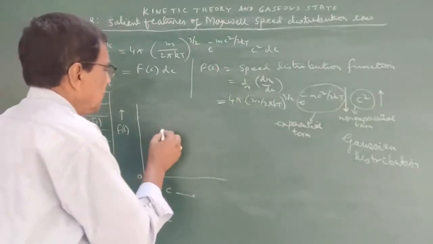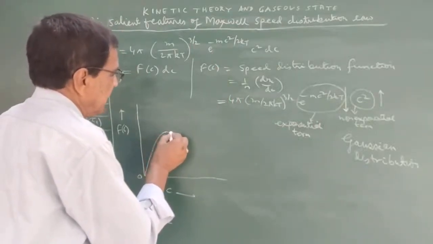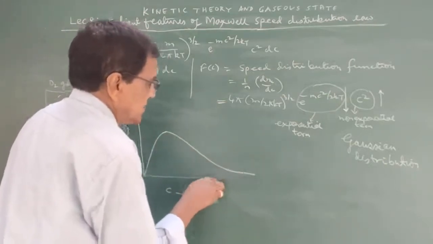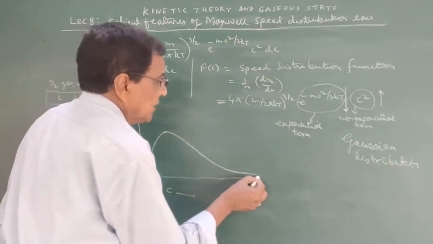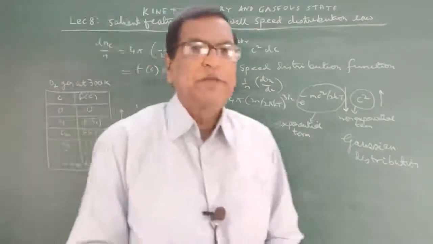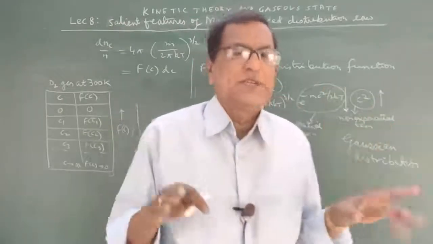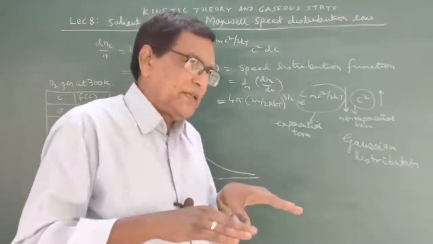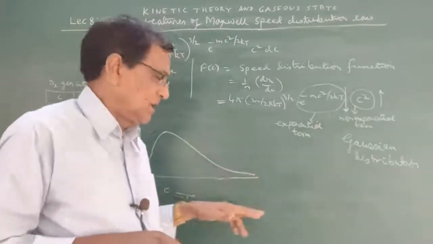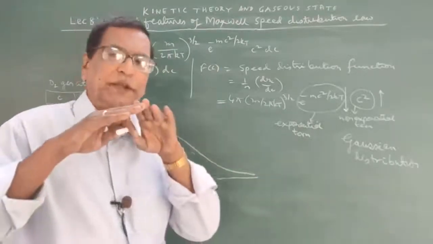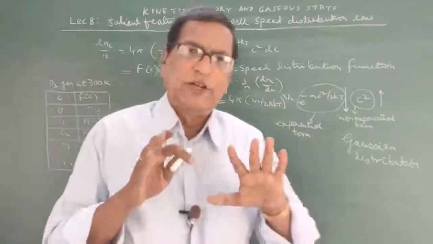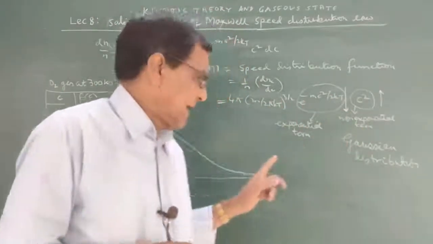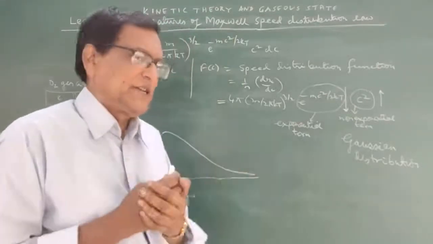So this curve will be like that: increasing, then attaining a maximum, and then decreasing to the asymptotic value. Asymptotic value means that at high values of C, the curve runs parallel with the C axis, and they will meet only at infinite value of C. That means at finite values of C, this curve will not meet the C axis.